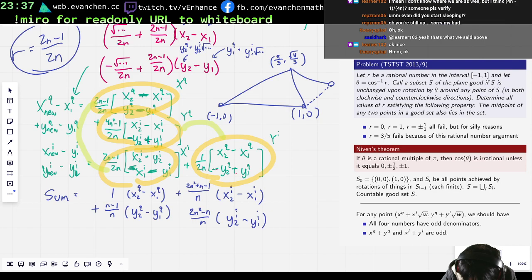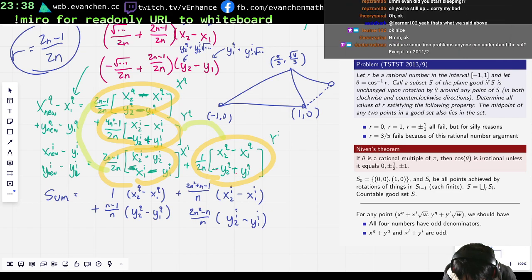This adds, this adds. Well, if that's really the case, then that will imply that x2q plus y2 is irrational.